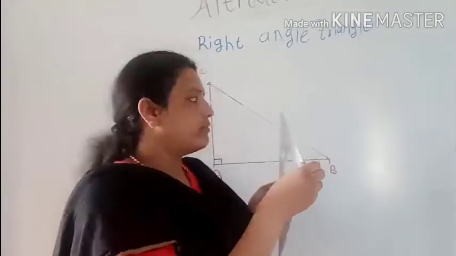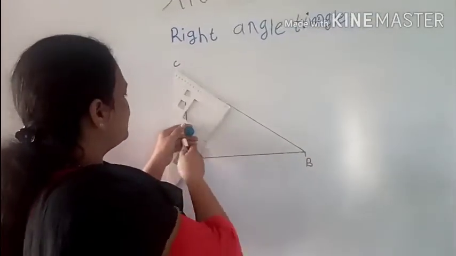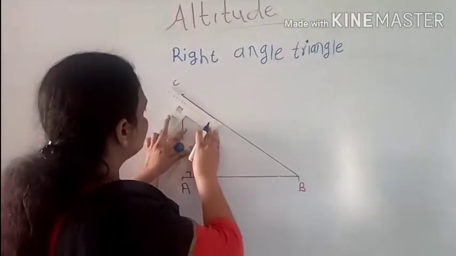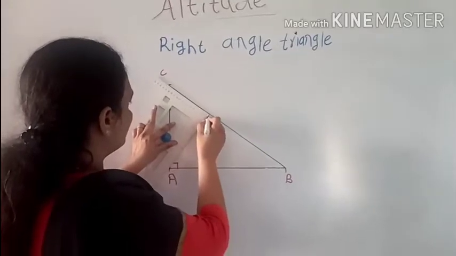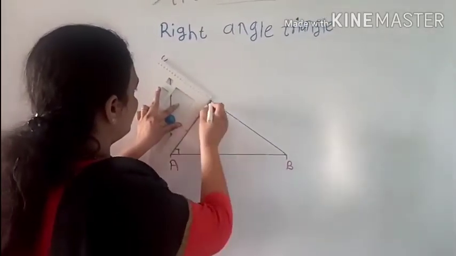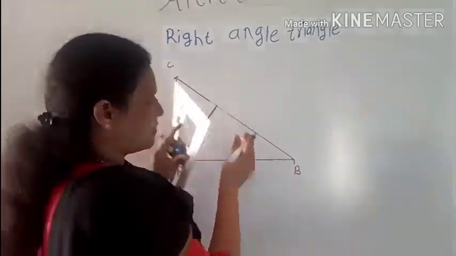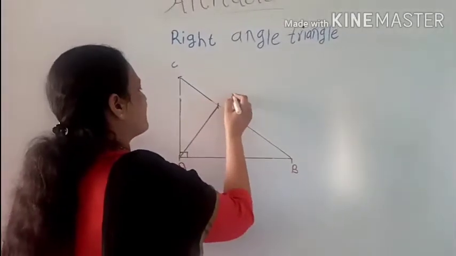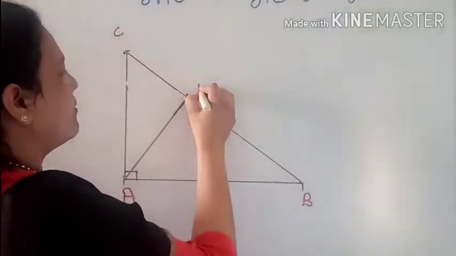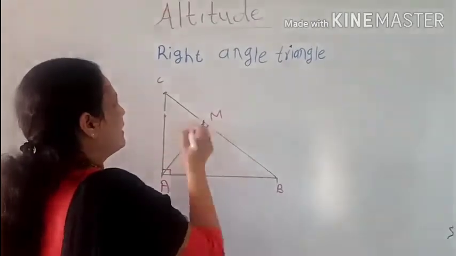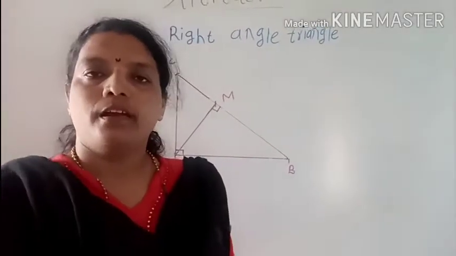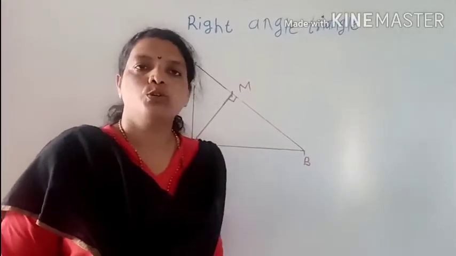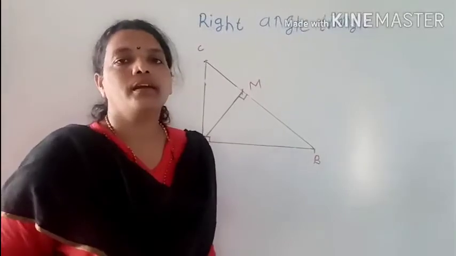The perpendicular end will be on BC and the other end will go to A. We will give any name, suppose M. AM is perpendicular to BC.